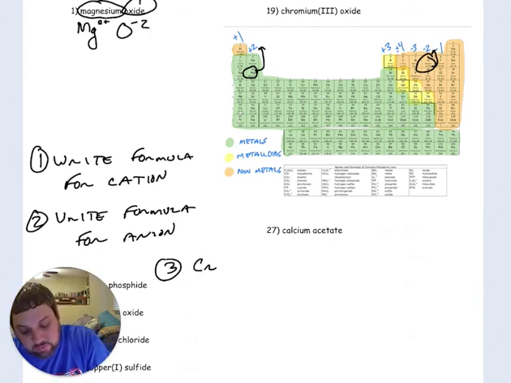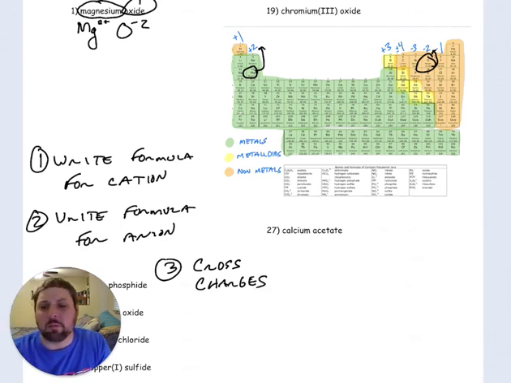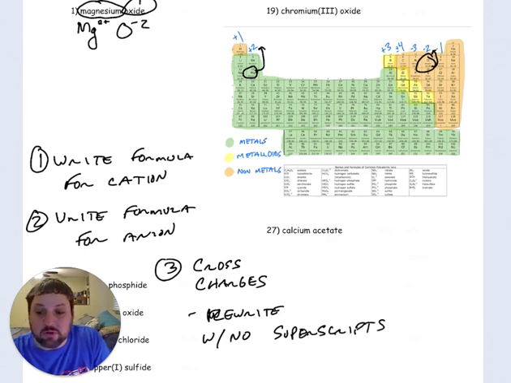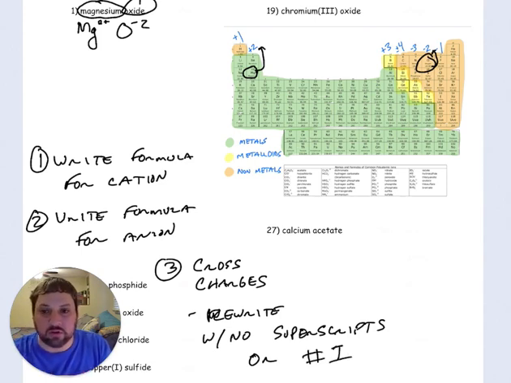Our third step is going to be cross charges, and this is kind of a multiple part one, and rewrite with no superscripts. Those are the numbers up on top, or number 1s, right? We don't want any 1s in there.